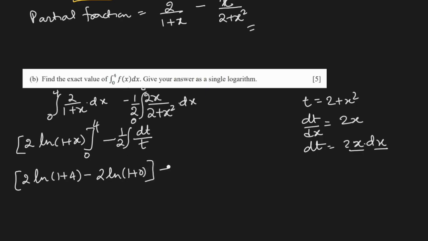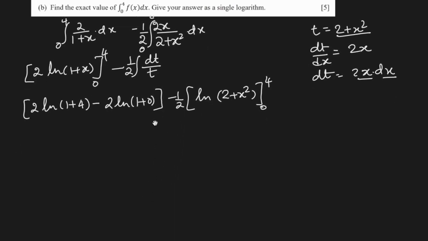Now here, minus half, let's take it out, and the integral of dt over t is ln t. But t was our creation, let's not use t anymore. We will use its value, 2 plus x squared. And now we can write the limits 0 to 4.